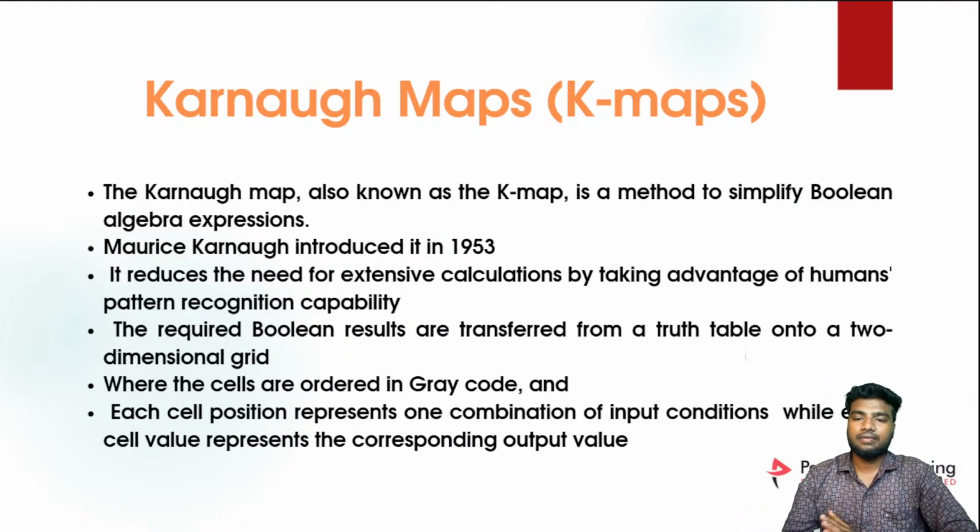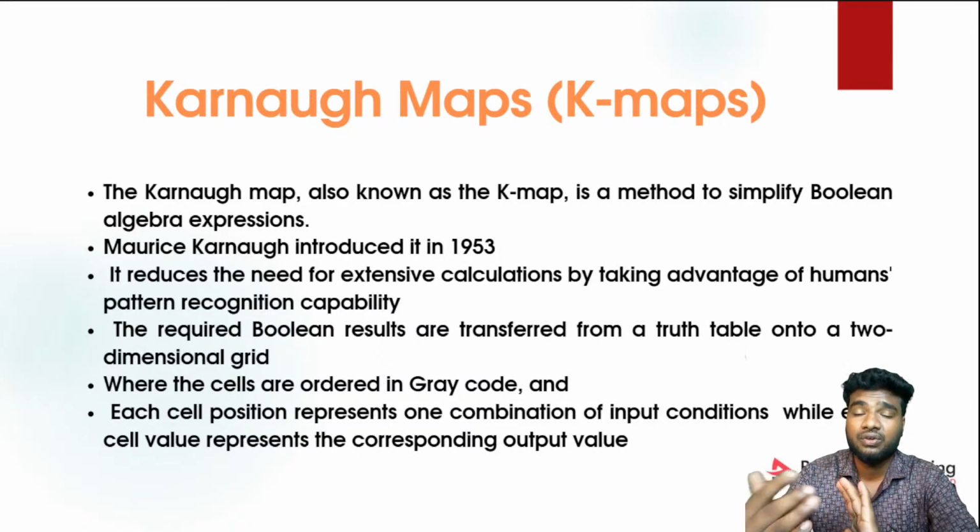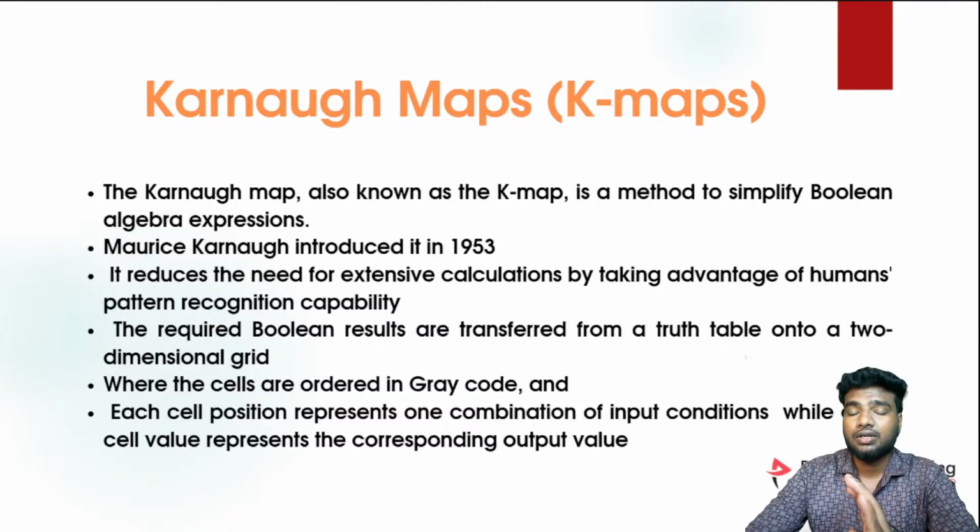We use Boolean rules to simplify the equation, and we can also do simplification by using the K-map. A K-map is a 2D grid like a table. By using that K-map table we can reduce and simplify our equation. The K-map was introduced in 1953.